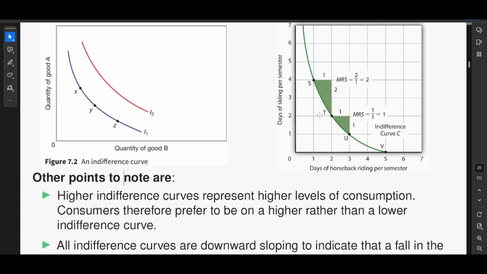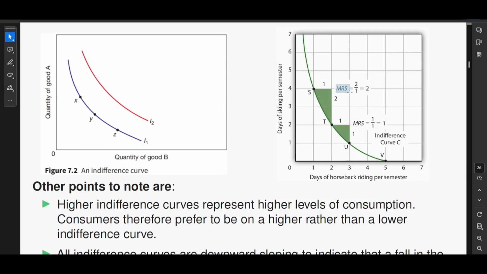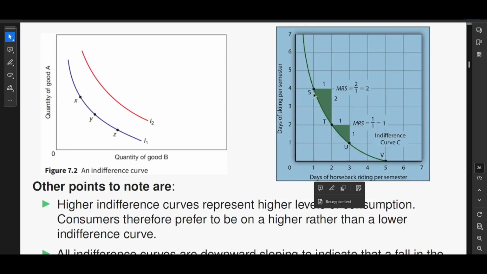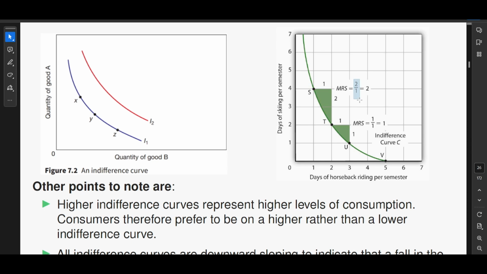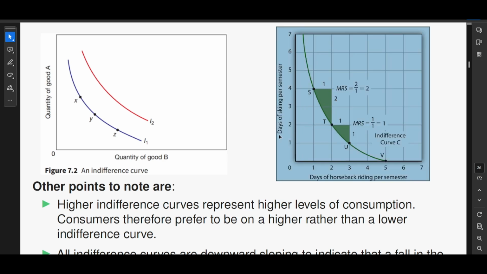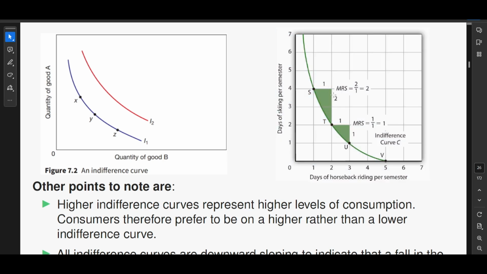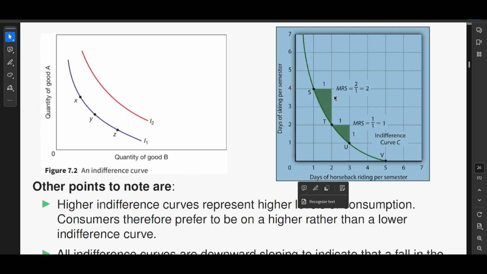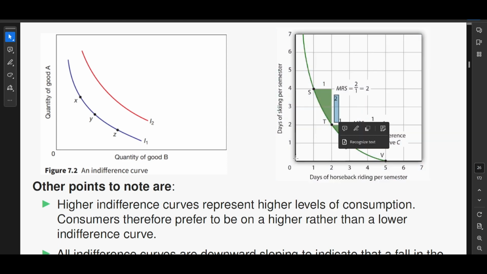So what we're saying is that the marginal rate of substitution is similar to calculating the slope of this curve, right? We give up one of, what is this, the skiing, and we gain 2 days of horseback riding, right?